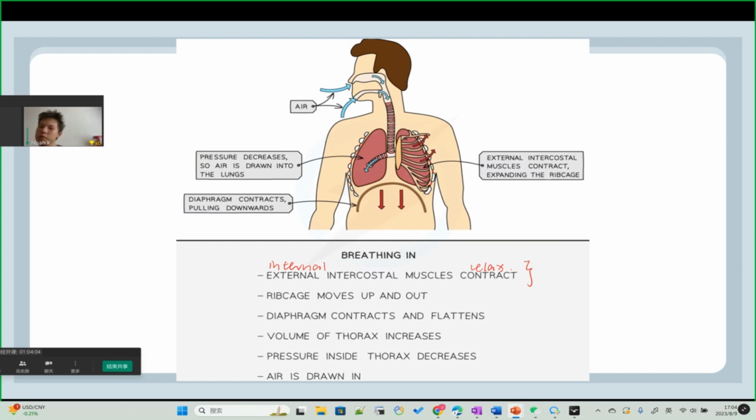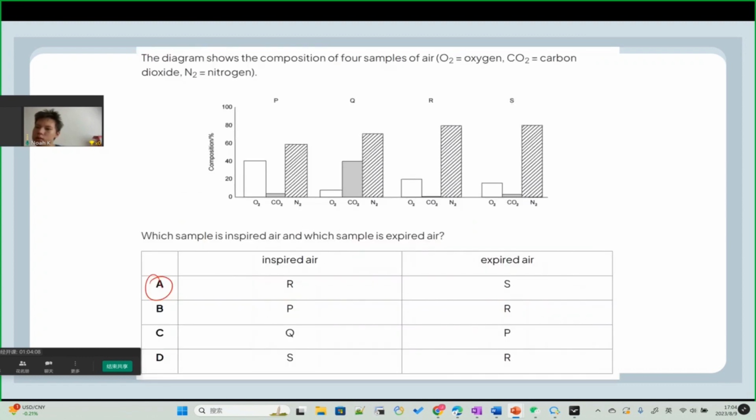I think it'd be the opposite. So, intercostal muscles, the internal ones contract, the external ones relax. The diaphragm would turn down and relax. The what's it called?